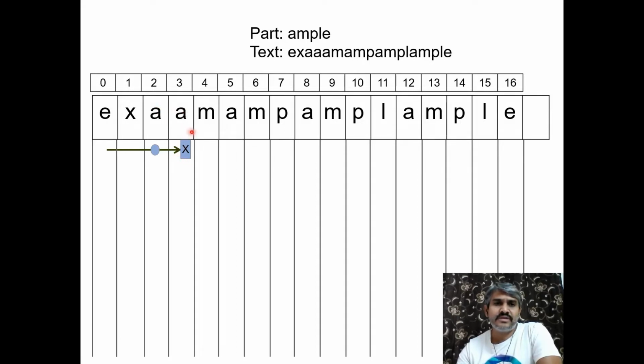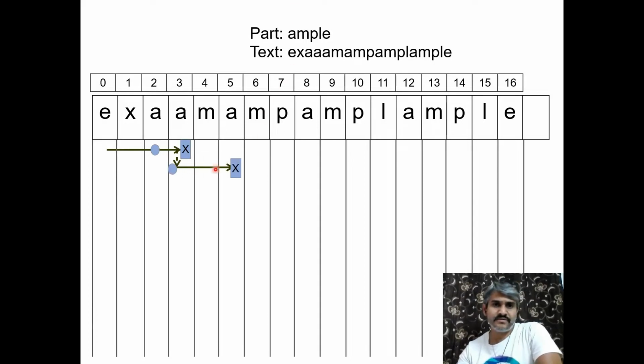But the very next character is not M, but it is another A. So now we know that though the first character matched, we actually do not have ample starting at position 2 in text. So what we do, we start our search from position 3 instead, because we already know we don't have ample starting at position 0, 1 or 2. So starting at the very next position 3 is a fair idea.